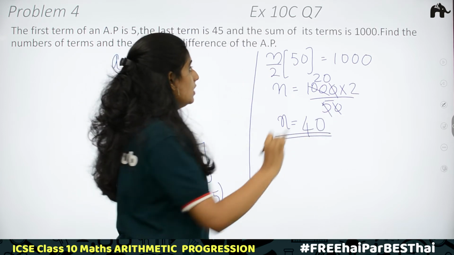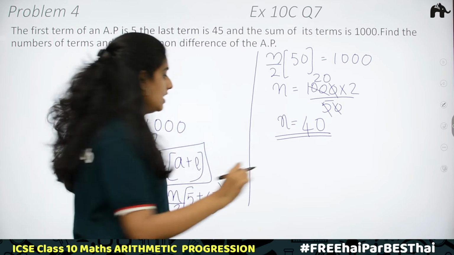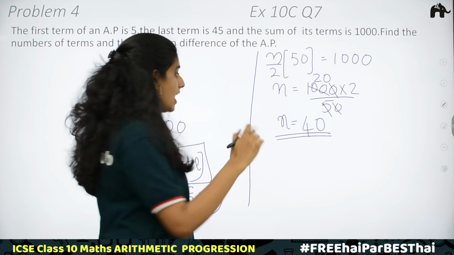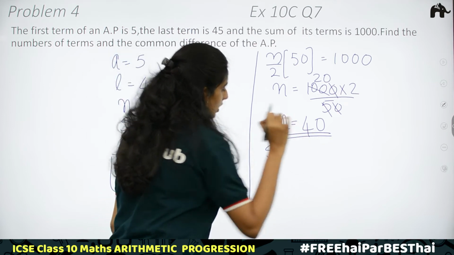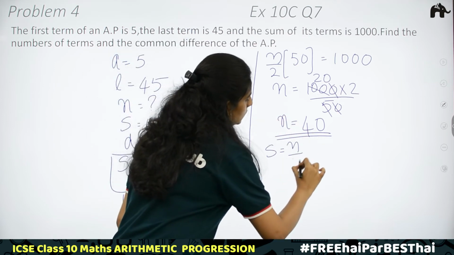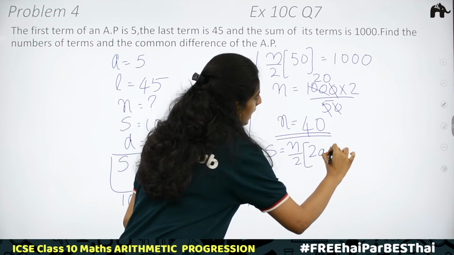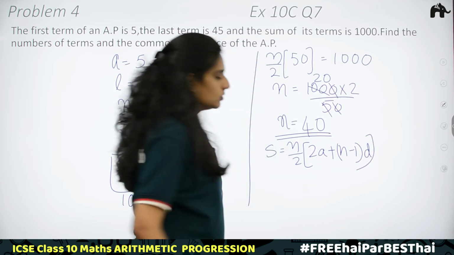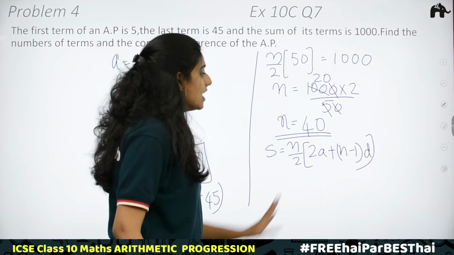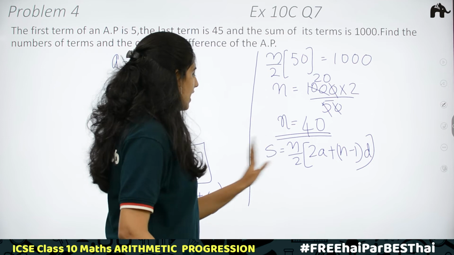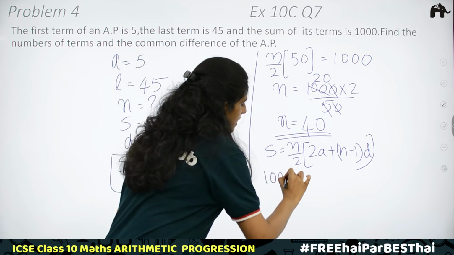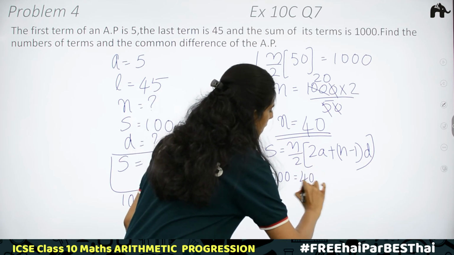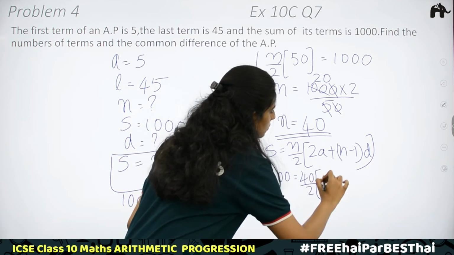Then what do we need to find? We have to find D, the common difference D. Now use the other formula. We have S is equal to n by 2 into 2a plus n minus 1 into D. Only using this formula we can find the value of D. Here S we know, which is 1000. We have determined the value of n, that is 40, by 2 into 2 into a.